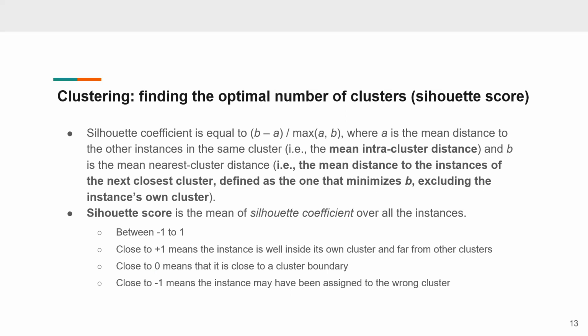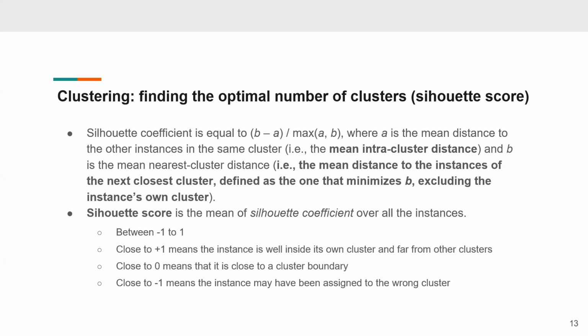One instance, one point, belongs to this cluster, and what's the mean distance to the other points in this cluster? That's called a. How about b? b is the mean nearest-cluster distance: the mean distance to the next closest cluster, defined as the one that minimizes b, excluding the instance's own cluster. So b is something called inter-cluster distance.